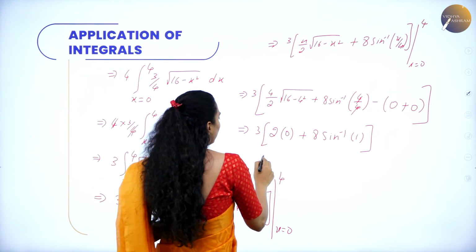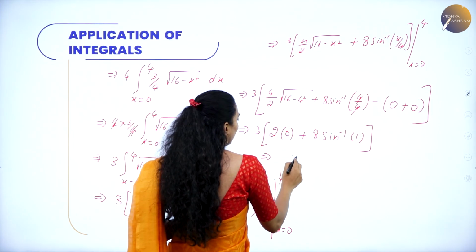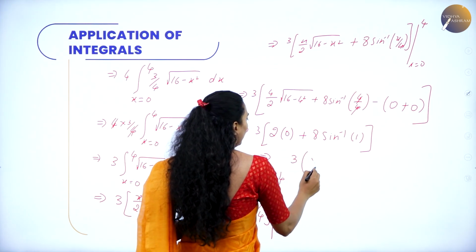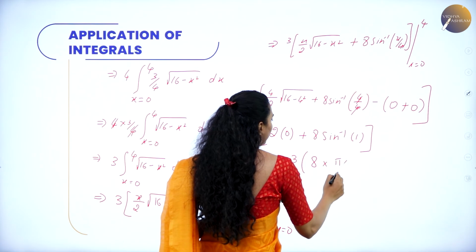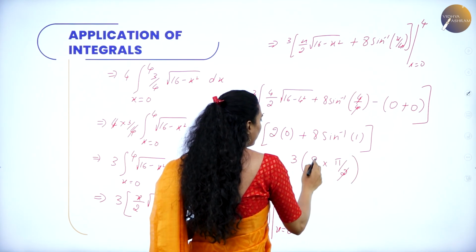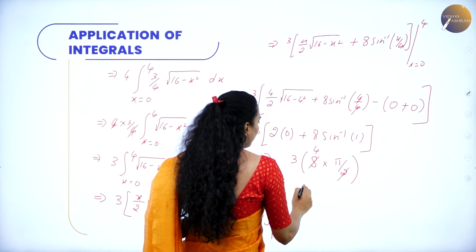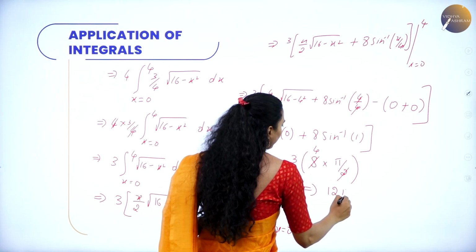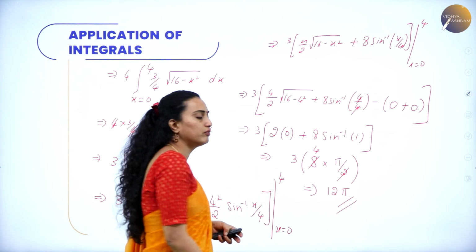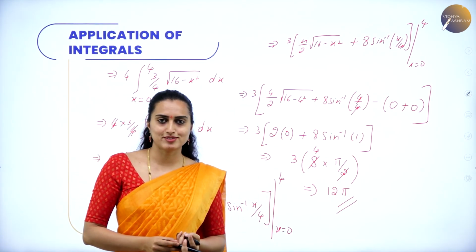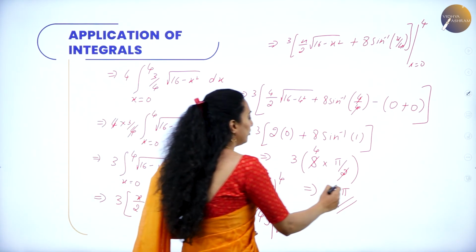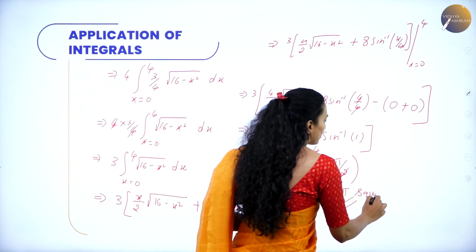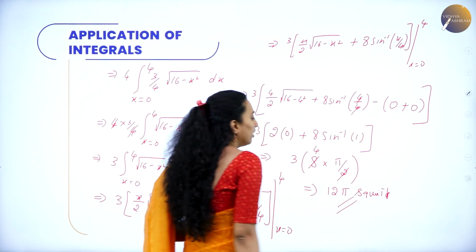So further simplification, 3 into 8 into pi by 2. So 2 ones are 2, 4 threes are 12 pi. This is your answer for this question, dear students. So this is 12 pi square units, right? And this is your final answer.